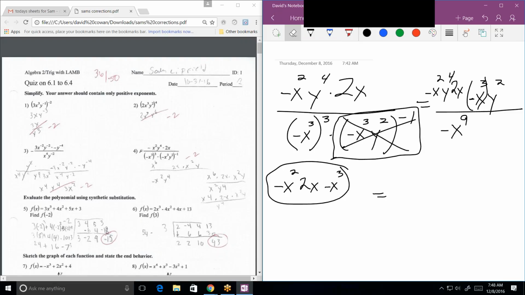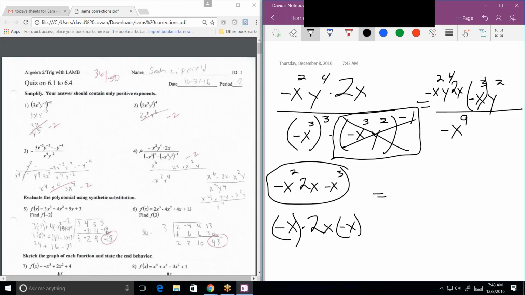So I'm multiplying same bases here, right? Yeah. Okay, well, what I'm really doing is multiplying minus x by 2x by minus x. What do you get when you do just that part? You get negative 2x. No, the negative times the negative becomes a positive.